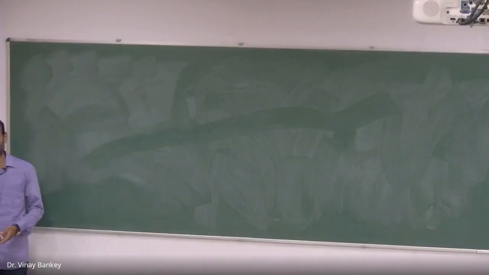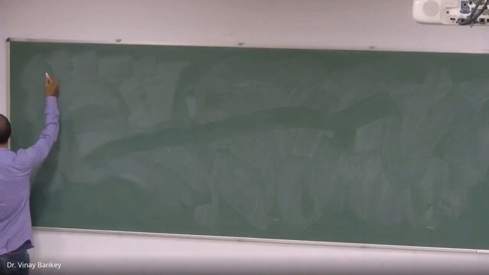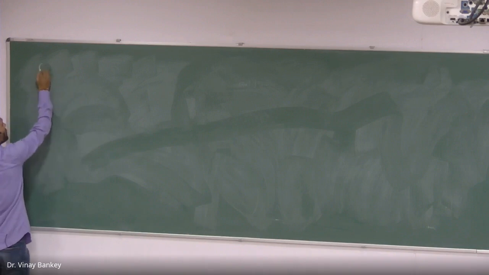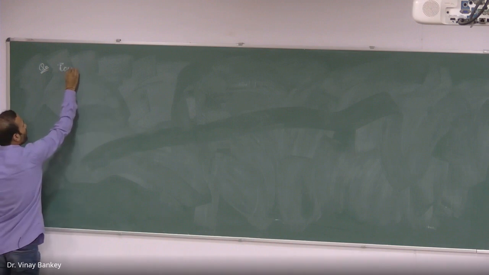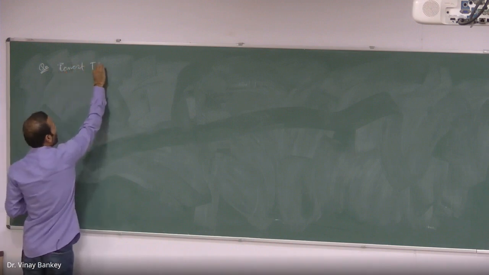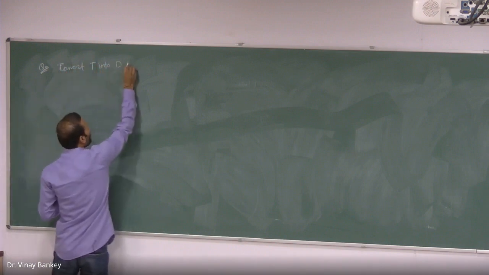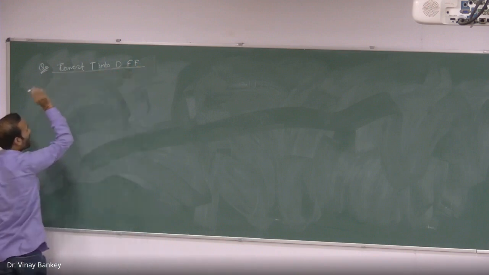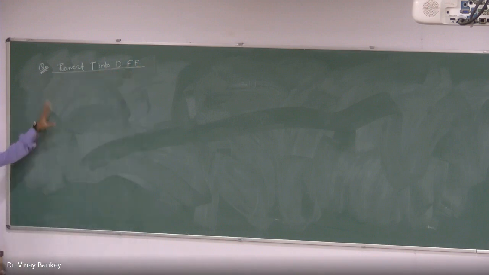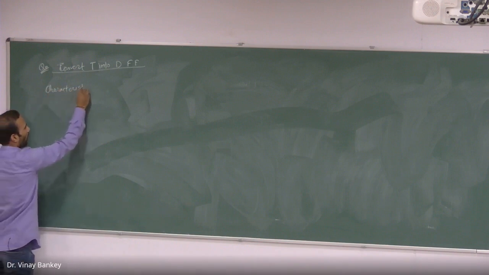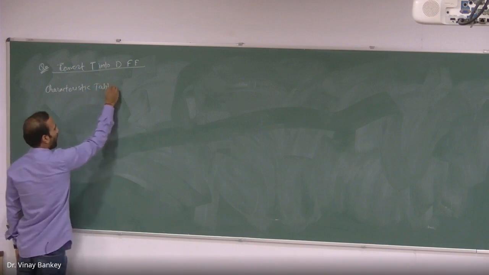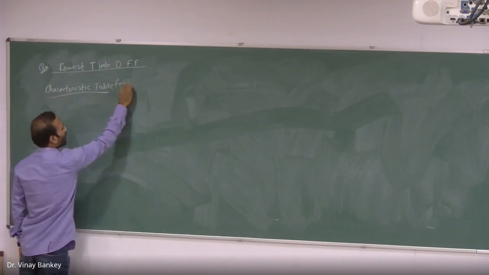So what is the required one? That is D flip-flop. So we will write the characteristic table for the D flip-flop. The question is: convert T flip-flop into D flip-flop. Or you can write: design or implement D flip-flop using T flip-flop. So the characteristic table for that is required.